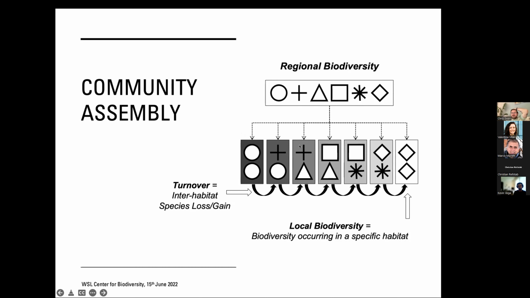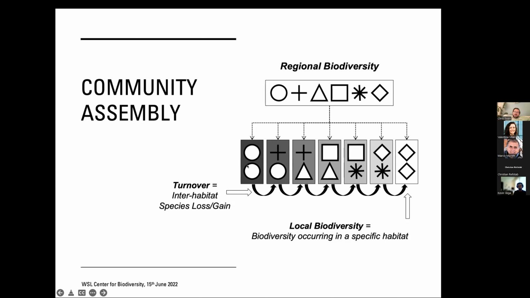Species sort themselves along this gradient, where you have different species occurring, where turnover is the shift in species composition, and local biodiversity is what you see at each location, and turnover is inter-habitat loss and gain. So local biodiversity is what occurs at a specific habitat. Beta diversity is the shift along this environmental gradient.